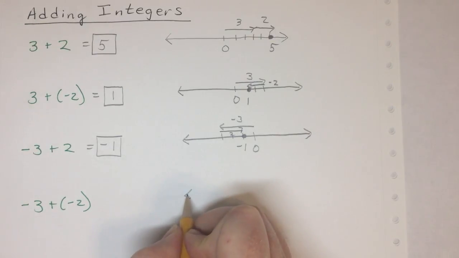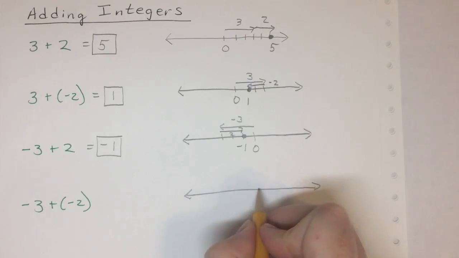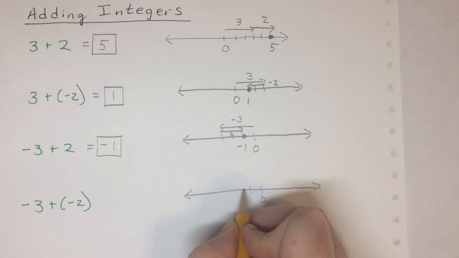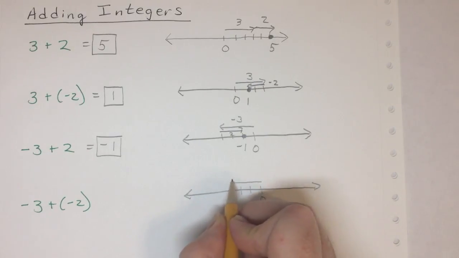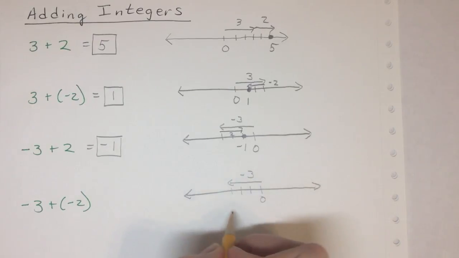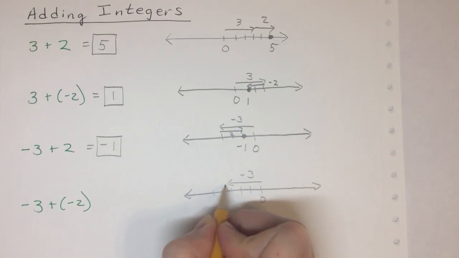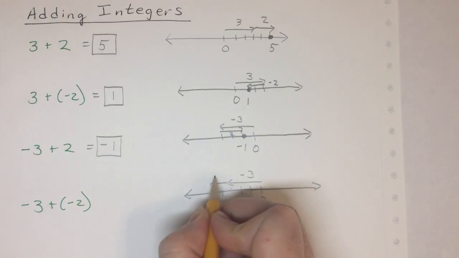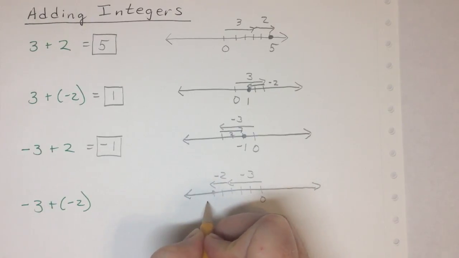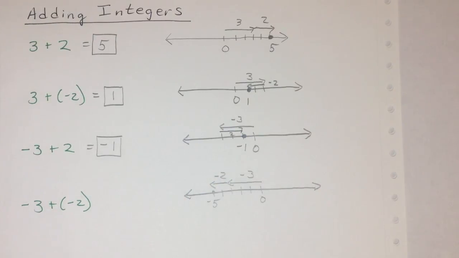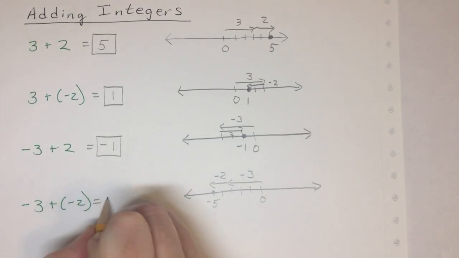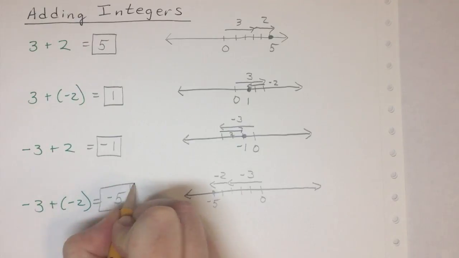Negative 3 plus negative 2: I go left 3. Then from where I stopped, I go 2 more left. I end at negative 5. So negative 3 plus negative 2 is negative 5.